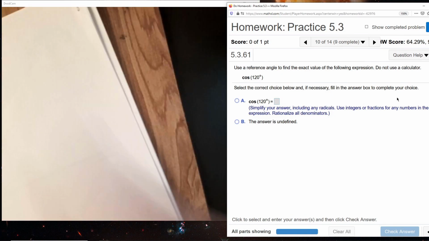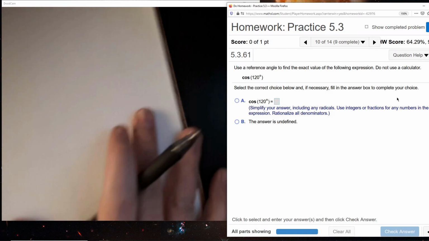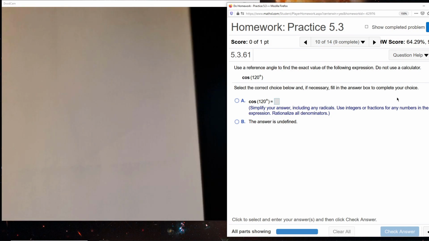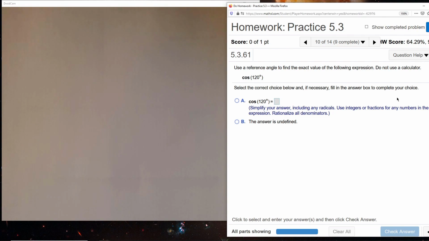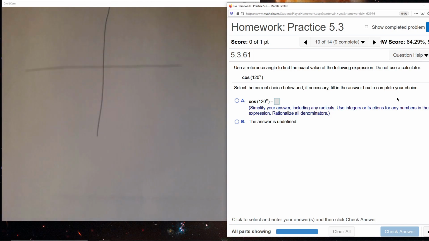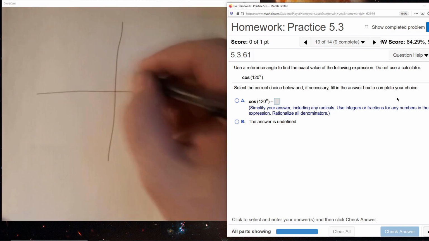So now we're going to use reference angles to get the exact answers here. They're saying do not use a calculator because your calculator will give you the decimal number, and we want the exact fraction here. So we'll start with our coordinate system and look at what quadrant we're in.